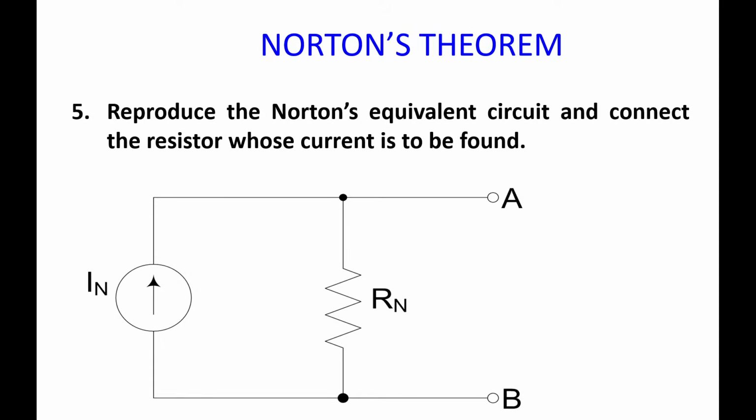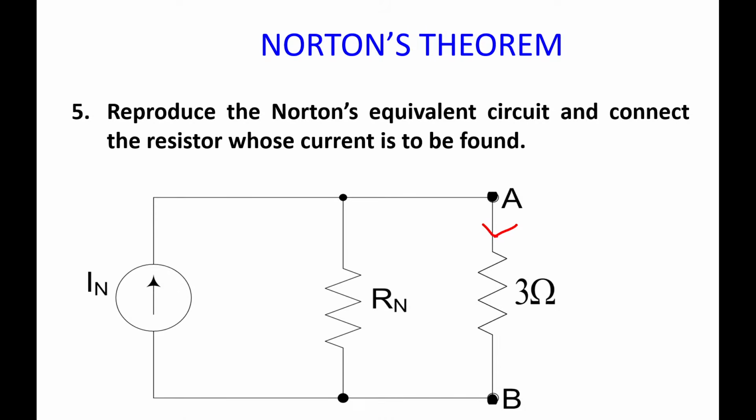It is very important you know how to draw this equivalent circuit, because before you can find the current that's passing through the load resistor, you would need to reproduce this Norton's equivalent circuit, and then using current division, you find the current that is passing through your load resistor.